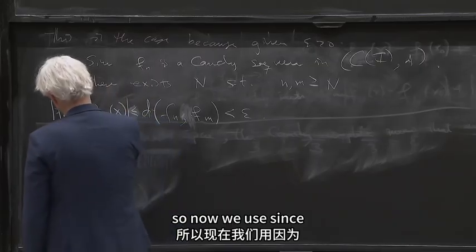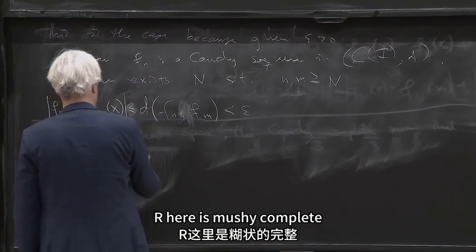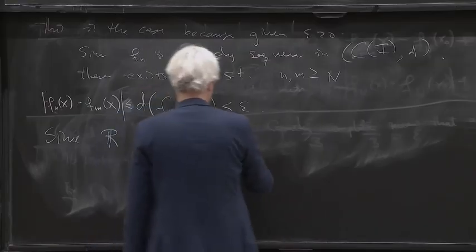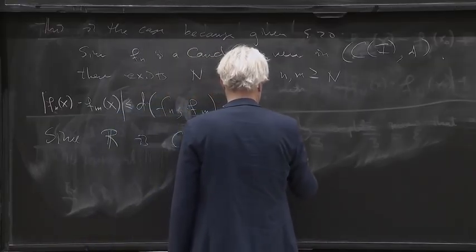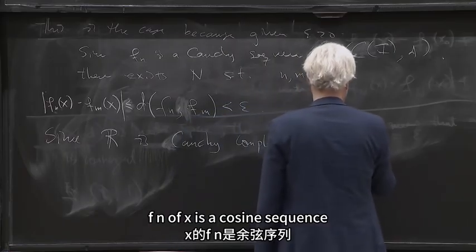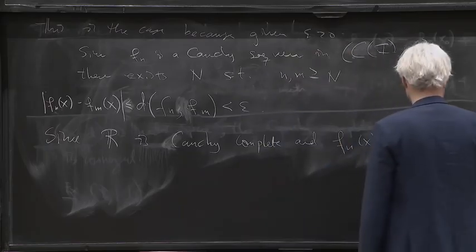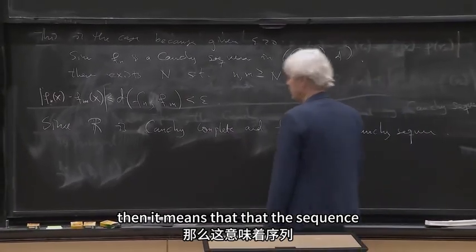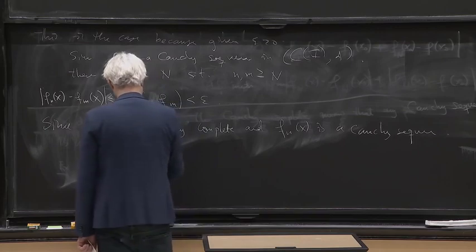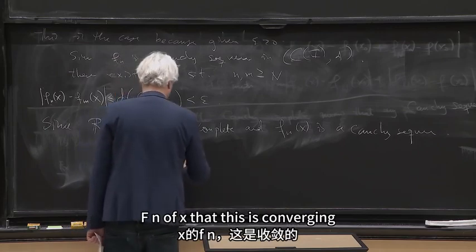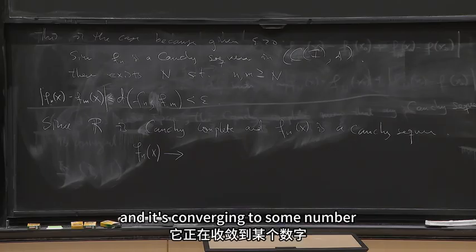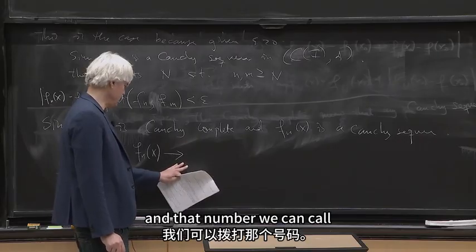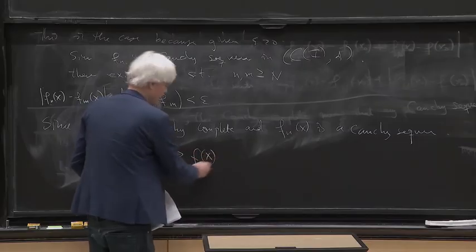So now we use, since R is Cauchy complete, and Fn of x is a Cauchy sequence, then the sequence Fn of x is converging to some number, just one number, and that number we can call f of x.